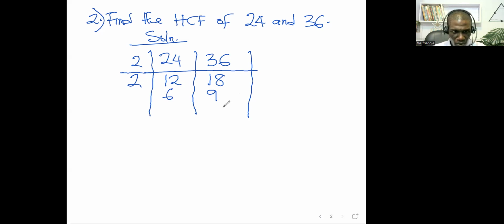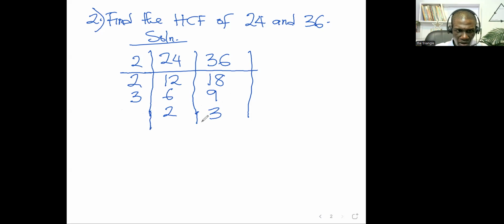So therefore, we'll shift to the next prime. Now let's try 3. Can 3 go into 6? Yes. Can 3 go into 9? Yes. So we have 3 into 6, we have 2. Then 3 into 9, we have 3.